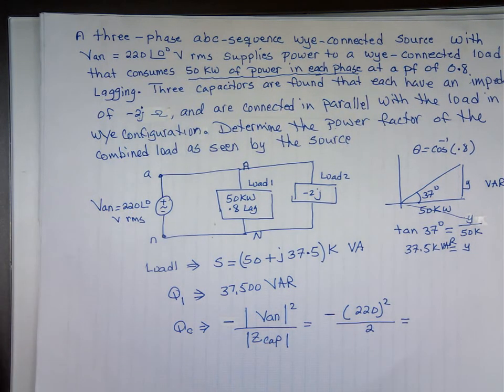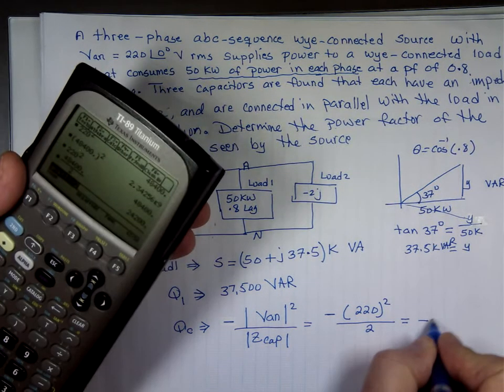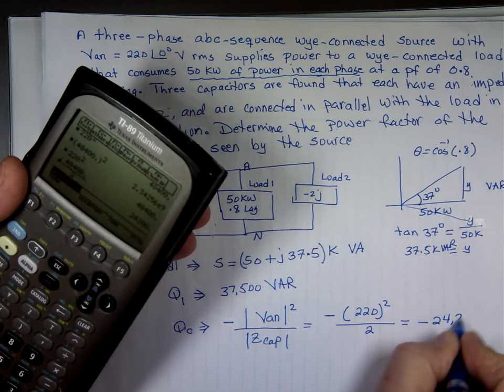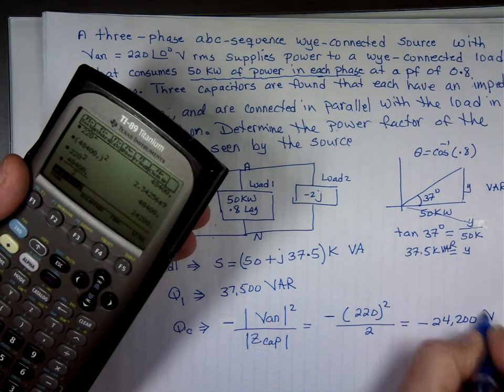Let me get my calculator. 220 squared, I'll put the negative after that, divided by 2. And I got negative 24,200 VAR.